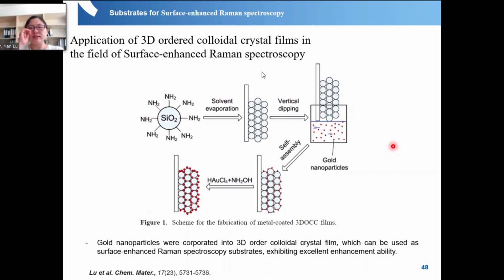So this is the last example I want to show you. These authors also use these films, and they also use silica-coated particles. During the self-assembly, they deposit gold onto this photonic crystal structure based on silica nanoparticles. Gold is very well known for surface-enhanced Raman spectroscopy.